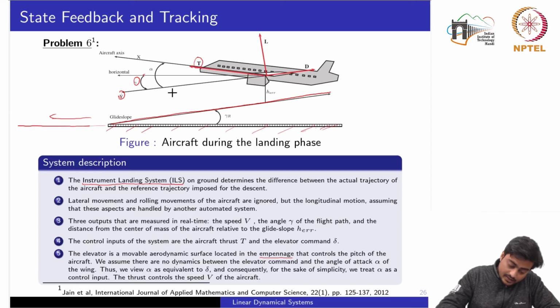This angle of attack is the angle between the aircraft axis and the axis along the glide slope, basically the angle of attack alpha of the wing. Thus we view alpha as equivalent to delta, and for the sake of simplicity, we treat alpha as the control input instead of the elevator command delta.